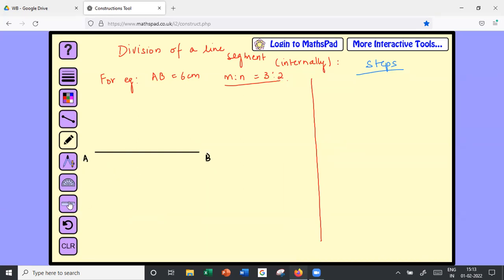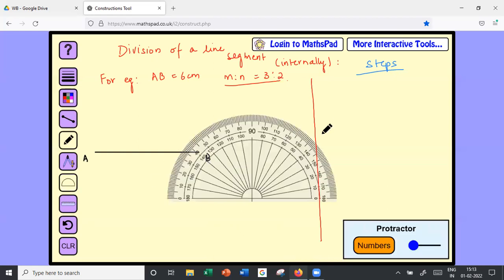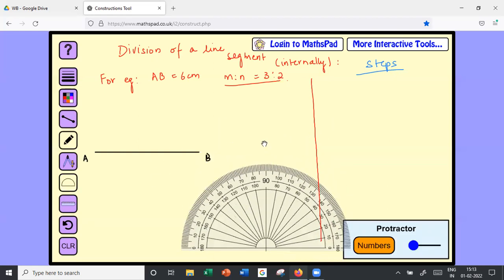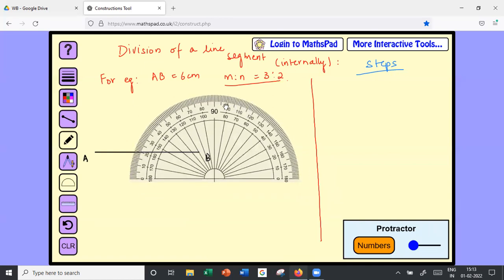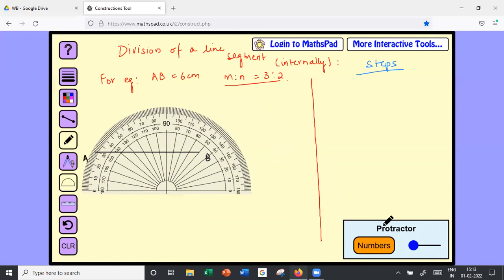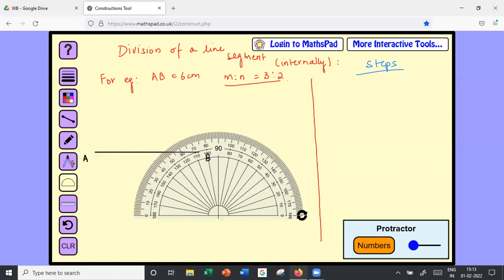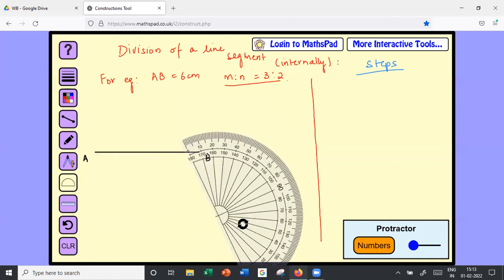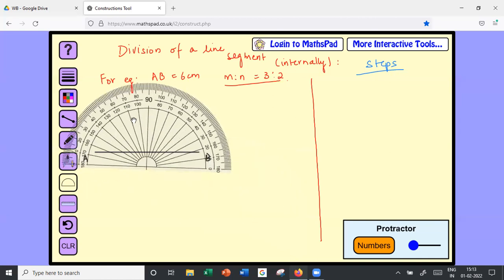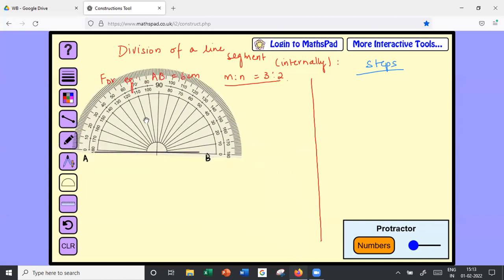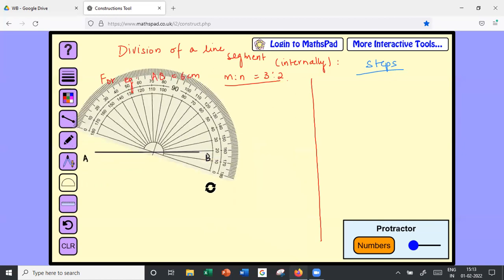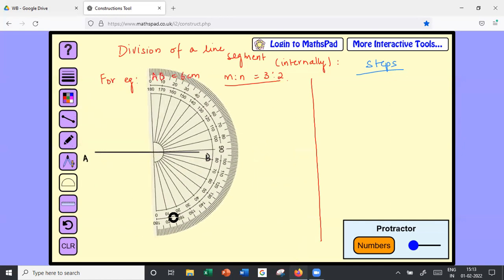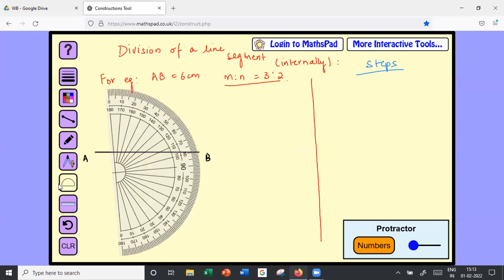Next step is you can draw an acute angle. For this, either you can just make an assumption and draw, or if you are not comfortable, you can use your protractor. If you are not comfortable drawing a random angle, or you're not sure whether it is acute or not, I'm just going to draw it like this.